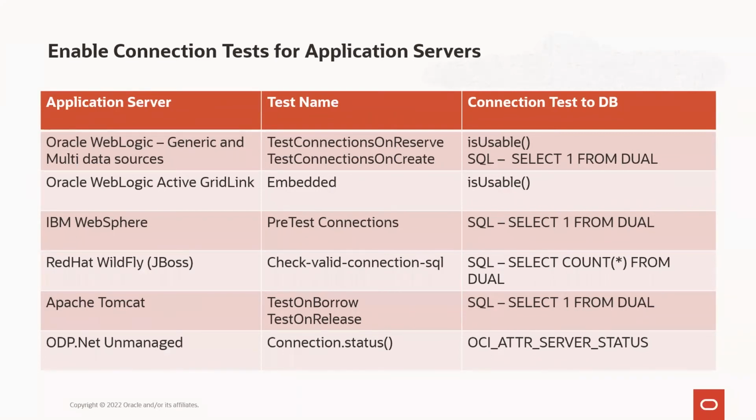WebLogic, they're enabled by default, by the way. isValid is cheap, virtually the same as invalid. Basically, it's a ping test or a test on a socket by default, and you can increase the level of that, the cost of it, if you like, to be a full round trip, but typically most people use isValid at the base level.